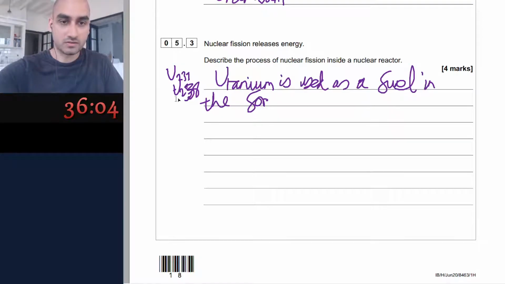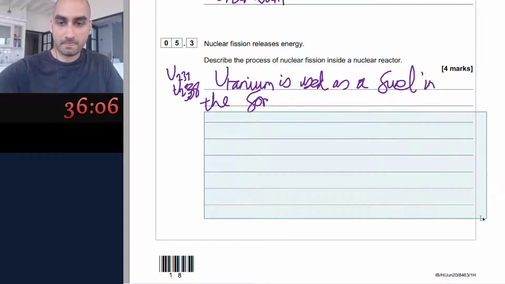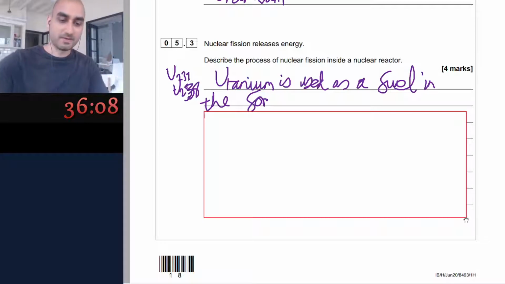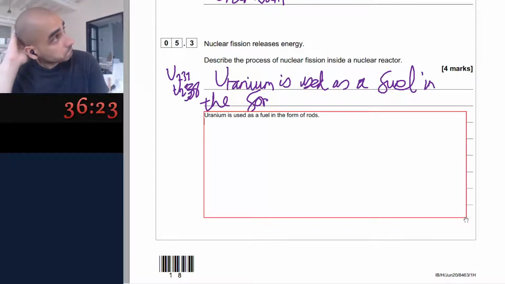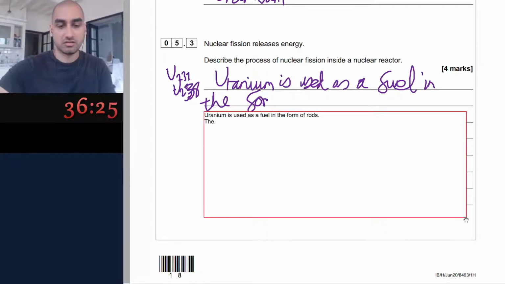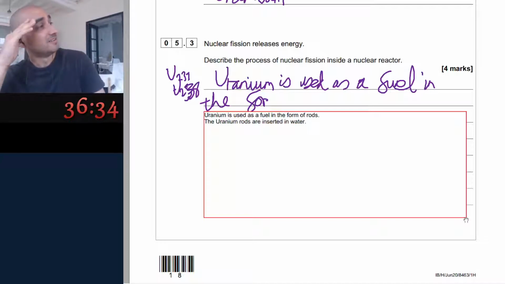Let's use a text box. Oh man, I'm gonna be really embarrassed if this is just completely and utterly wrong. Uranium is used as a fuel in the form of rods. The uranium rods are inserted in water? Is that even true? I don't know.